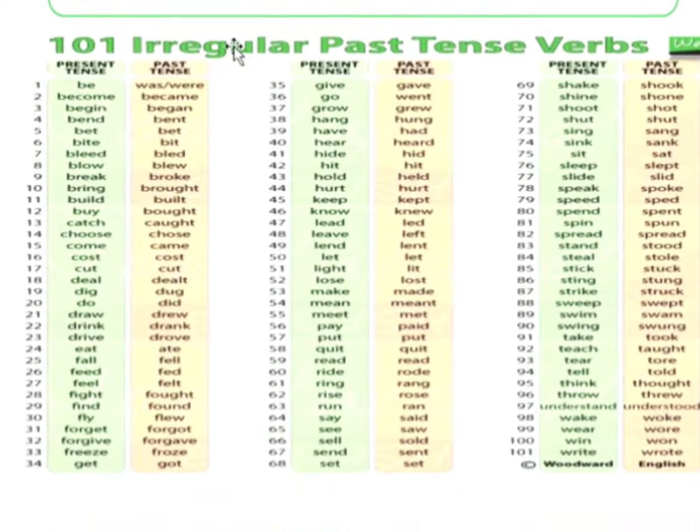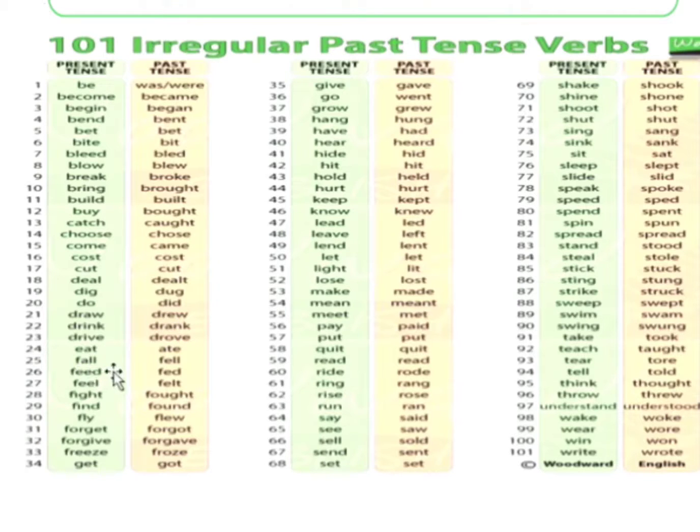Now we also have the irregular past tense verbs. In these cases, the structure of the verb changes. Okay, let's see some examples. When you say buy in present, it changes to bought. When you say do, it changes to did.